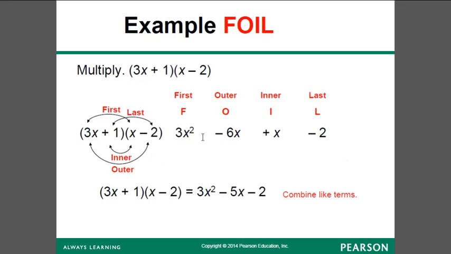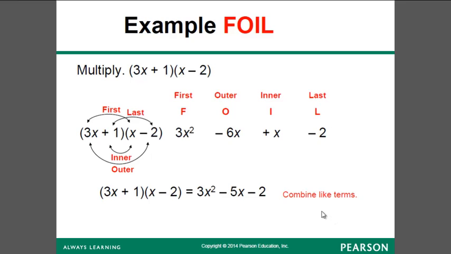When I combine like terms, I can combine the negative 6x plus the x, and I get a negative 5x. So I have 3x squared minus 5x minus 2. So the product of 3x plus 1 times x minus 2 will be 3x squared minus 5x minus 2.